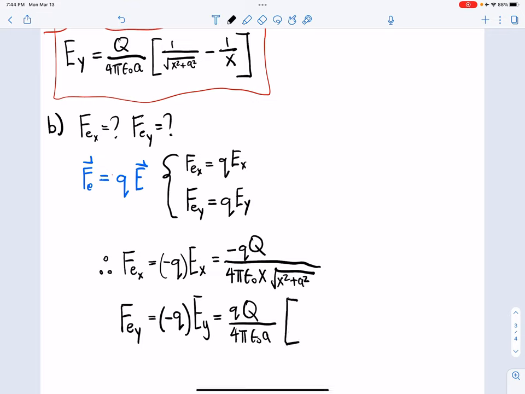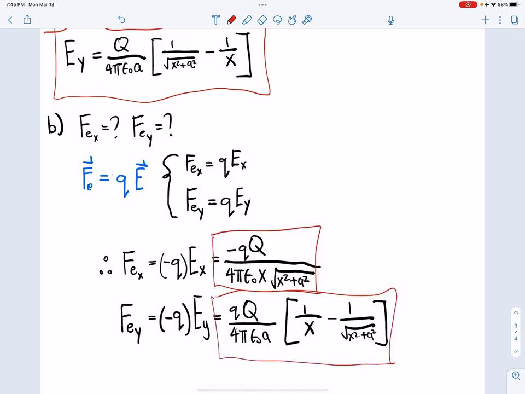And because I distributed that negative to this guy, then this will be 1 over x minus 1 over square root of x squared plus a squared. Okay, and that's going to be the x component of electric force and the y component of electric force. And that is our final answer for part B.